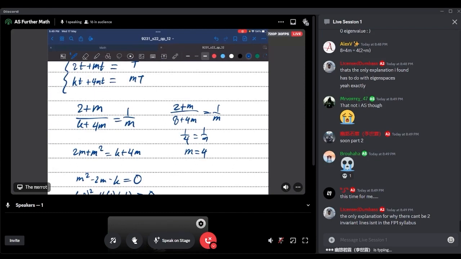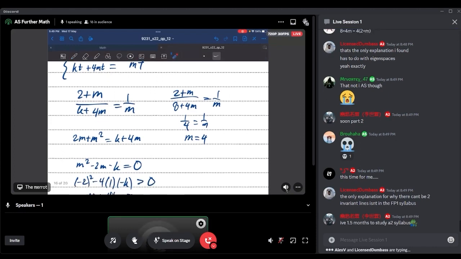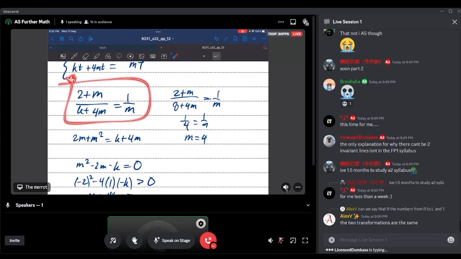In the quadratic, you get two values, but in this part here, you only get one value. Because this is the original one that we want to solve anyway, so I think we have to focus on this equation here and not the other one.